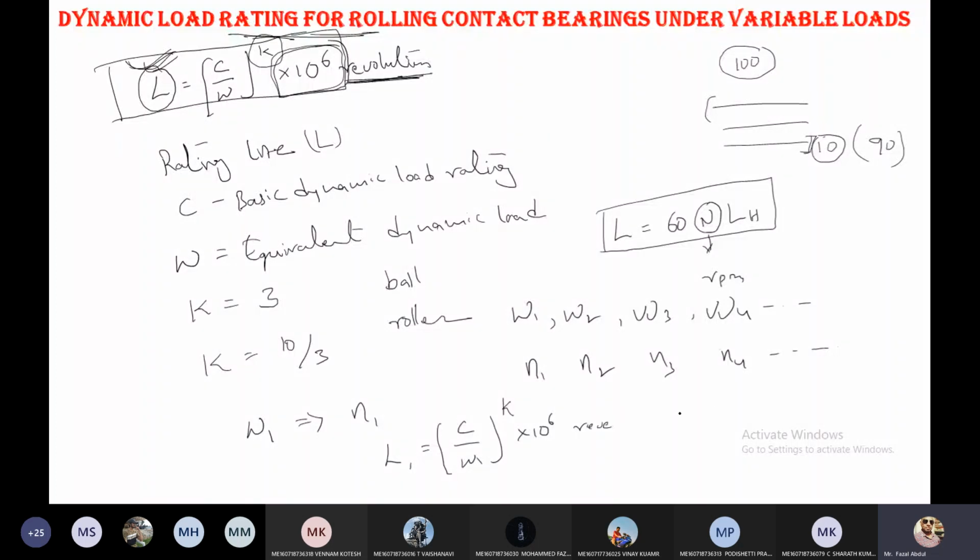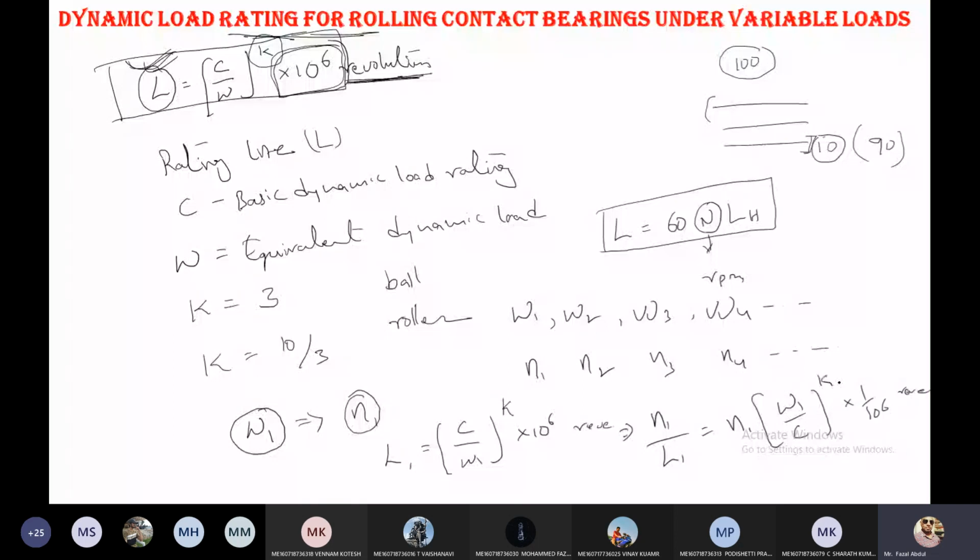Now this is the first one. The fraction of life consumed for the W1 load, for N1 revolutions, is indicated as N1 by L1 equals N1 into (W1 by C) to the power K, into 1 by 10 to the power of 6 revolutions.